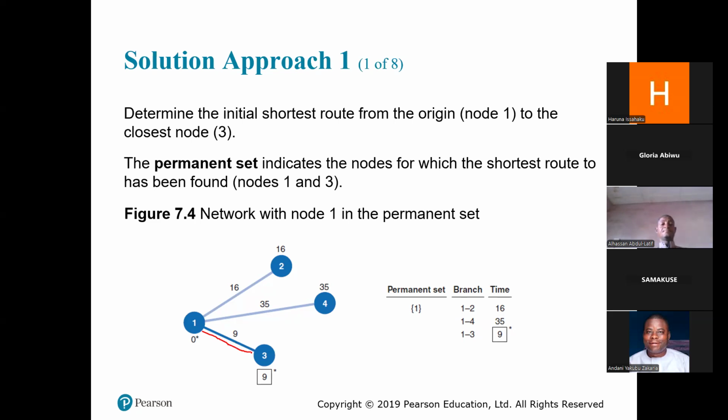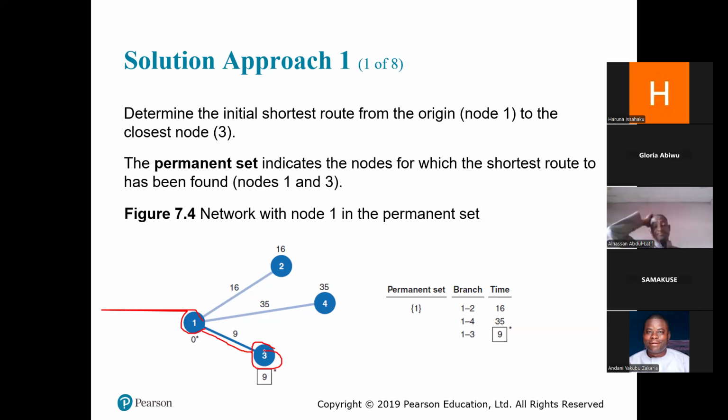So once that is selected, then the nodes 1 and 3 will now form the permanent set. Because we say that the permanent set simply represents the nodes for which the shortest route has been found.